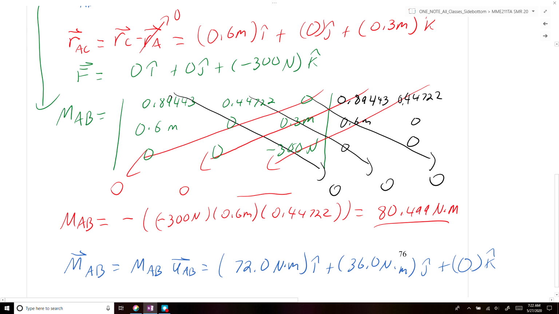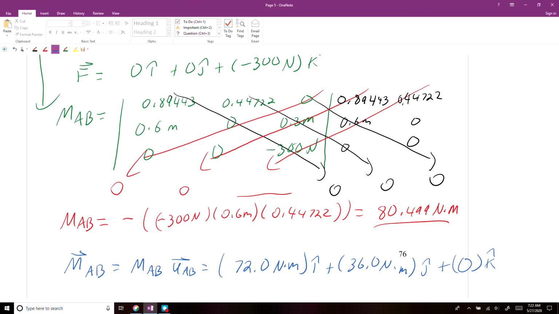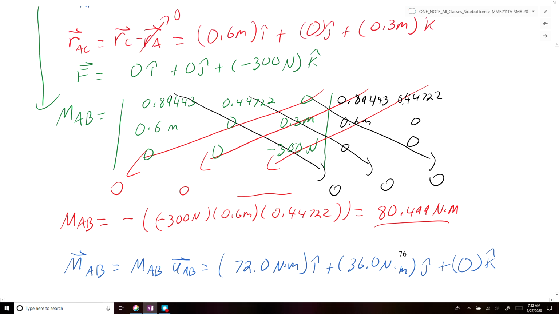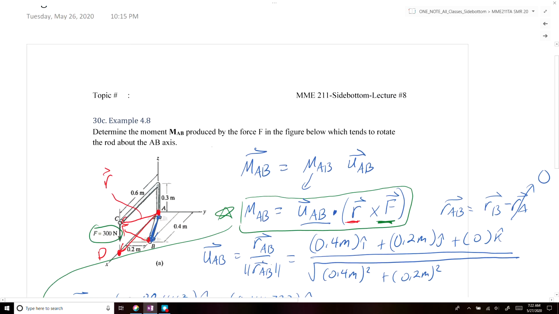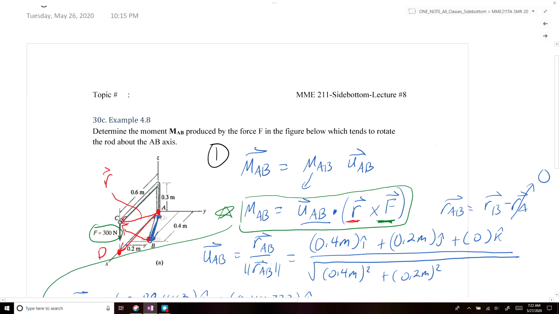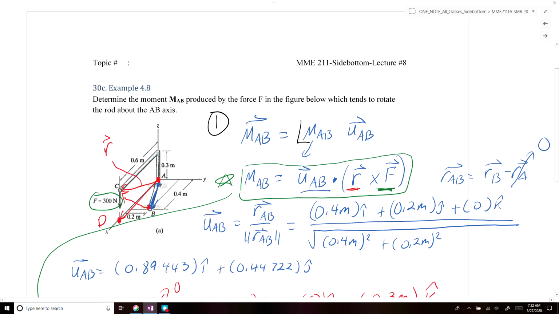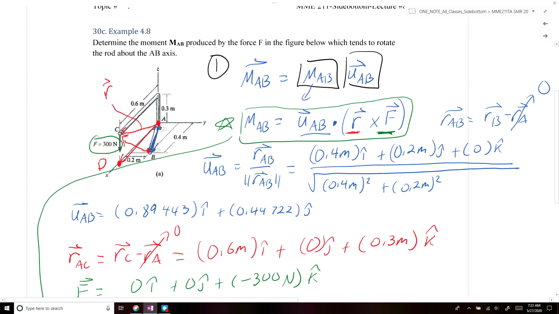All right, so to conclude, what we did in this problem is we first defined our governing equation. We realized that we had to determine MAB and UAB in order to solve it. We defined MAB using the dot product of our axis and our moment about any point on the axis.